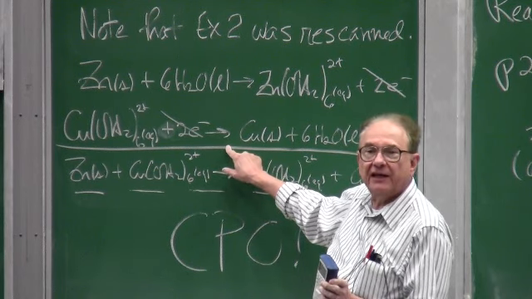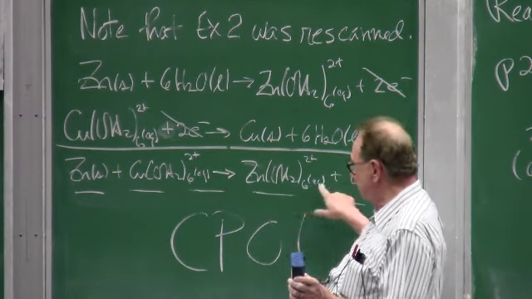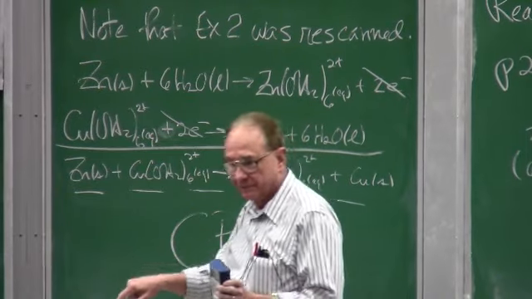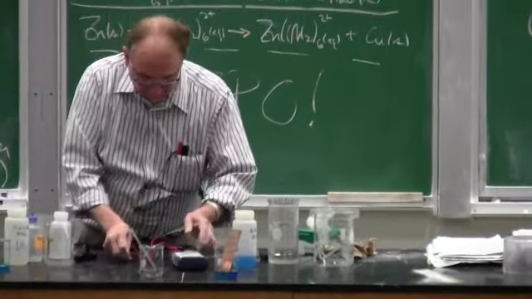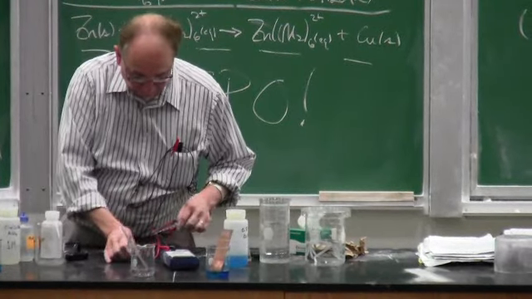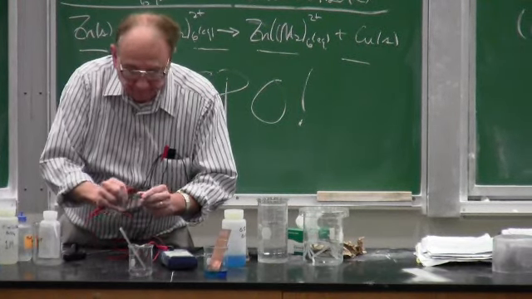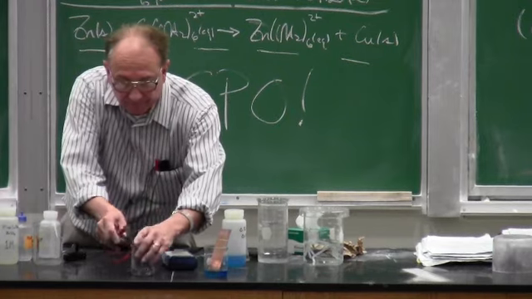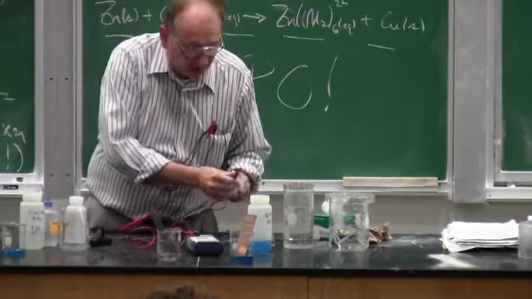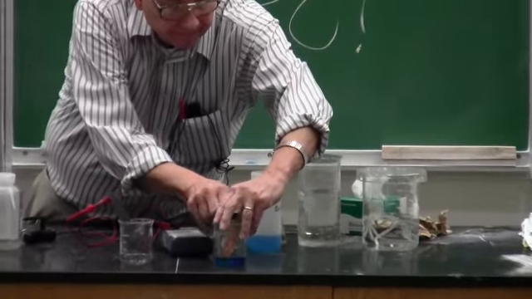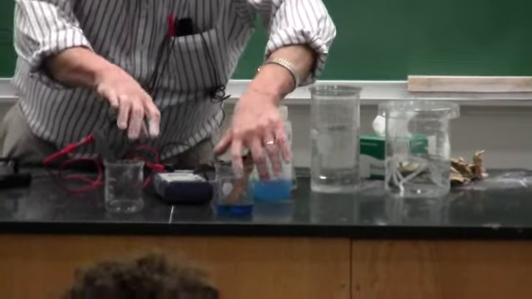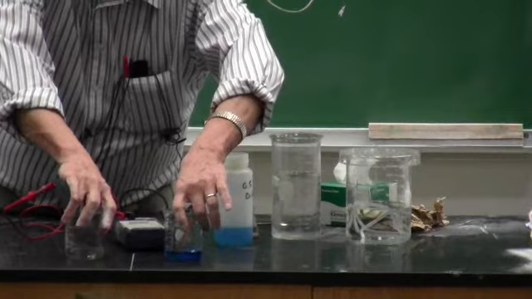What should we get for the E0 for the net reaction, which is this? What should we get? The number is 1.10. 1.10 volt, look right?